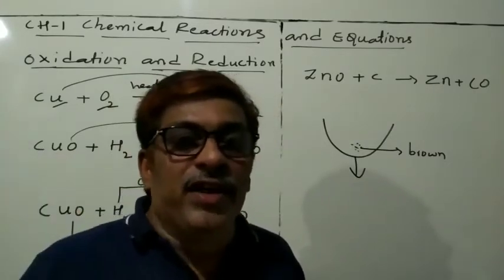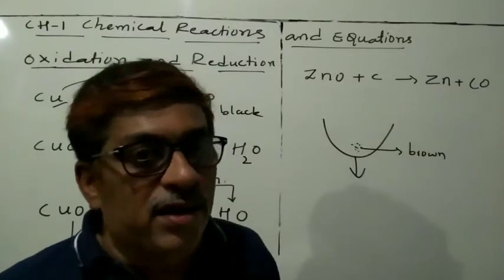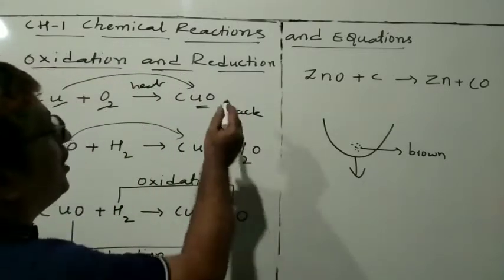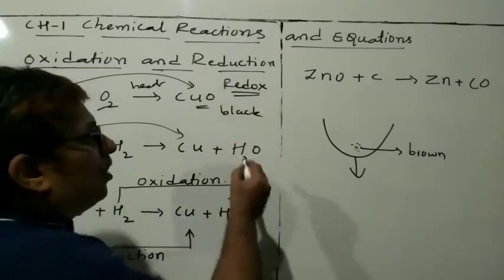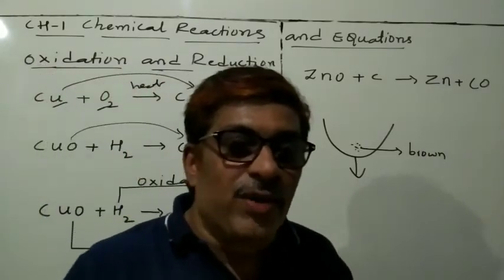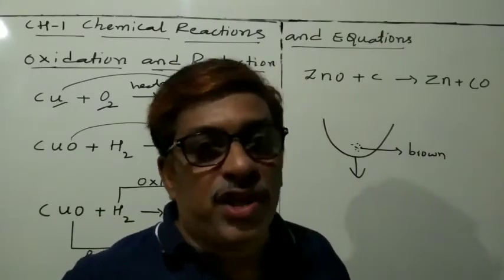The reaction in which oxidation and reduction take place simultaneously is called a redox reaction. Suppose in any reaction both oxidation as well as reduction take place; such a reaction is called a redox reaction.